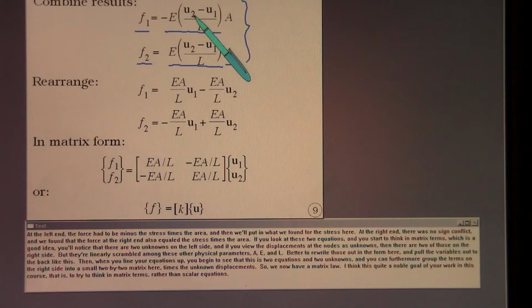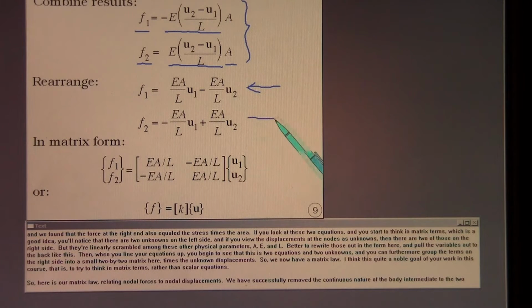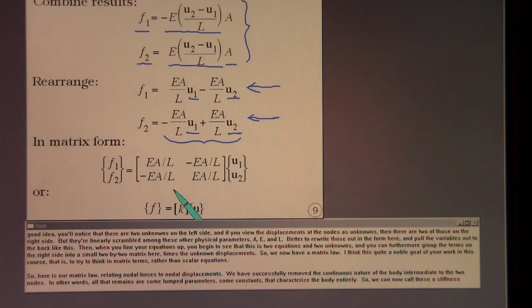And if you view the displacements at the nodes as unknowns, then there are two of those on the right side, but they're linearly scrambled among these other physical parameters, A, E, and L. Better to rewrite those out in the form here and pull the variables out to the back like this, and then when you line your equations up, you begin to see that this is two equations in two unknowns, and you can furthermore group the terms on the right side into a small 2 by 2 matrix here times the unknown displacements.